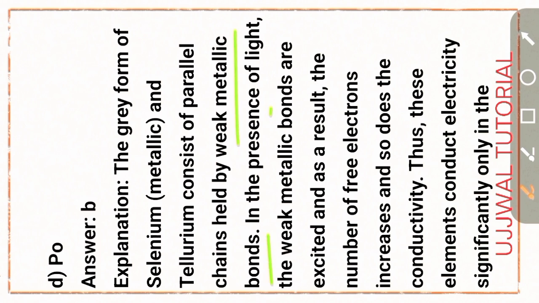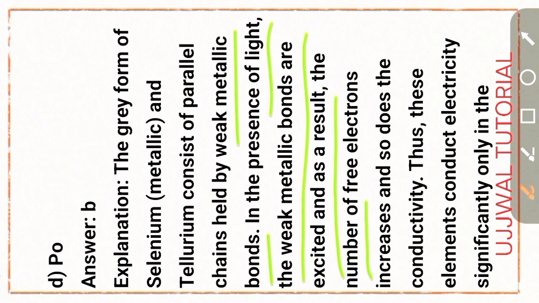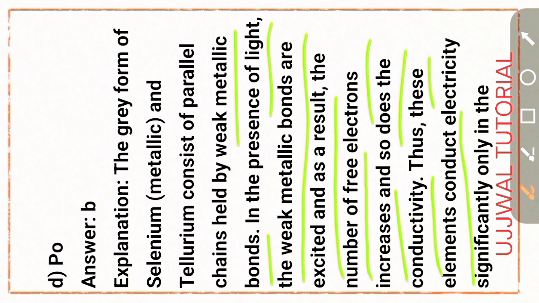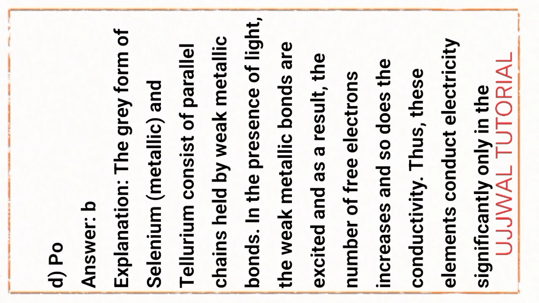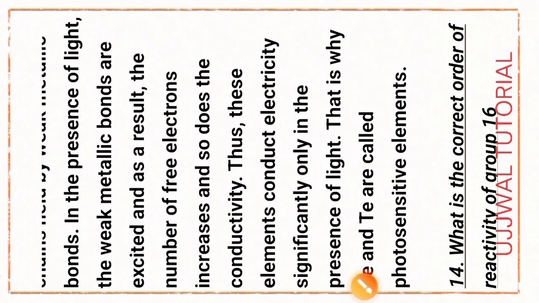In the presence of light, the weak metallic bonds break, and as a result the number of free electrons increases, and so does the conductivity. Thus this element conducts electricity significantly only in the presence of light. That is why selenium Se and tellurium Te are called photoconductive elements.